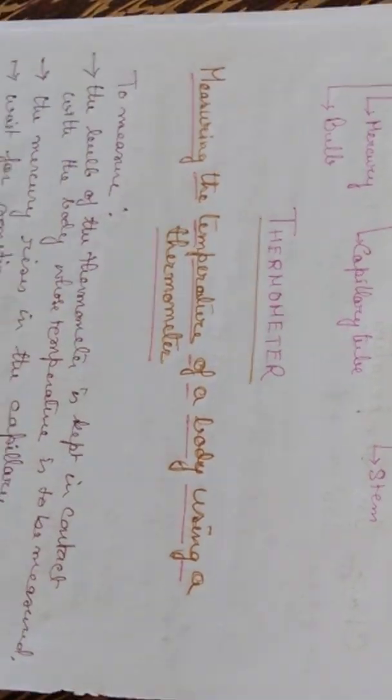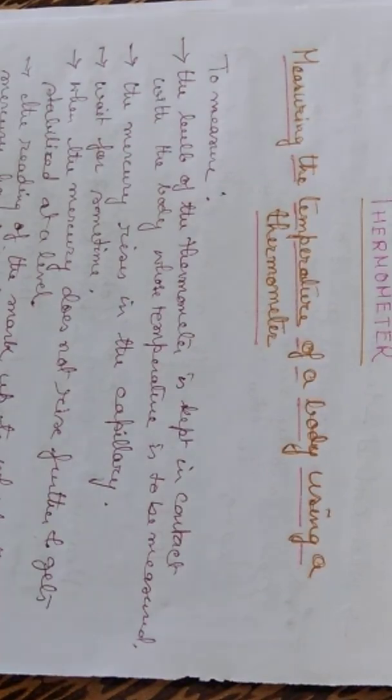Now, how can you measure temperature by a thermometer? The bulb of the thermometer is kept in contact with the body whose temperature is to be measured. What happens when the mercury bulb comes in contact with the object?